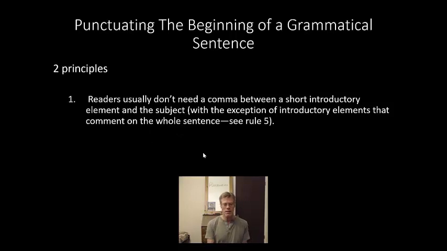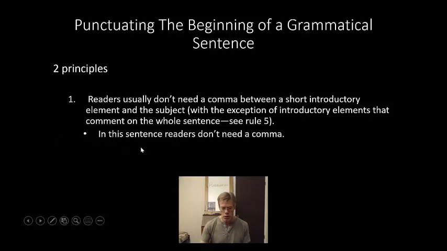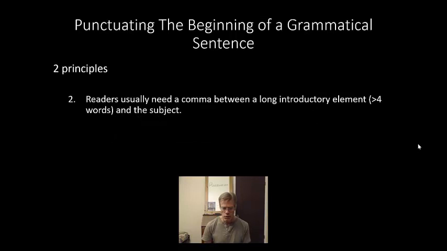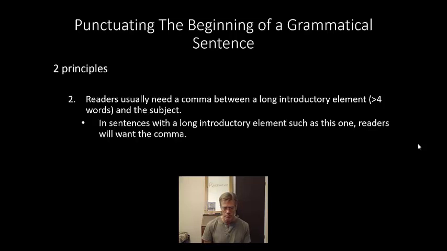So let's give some examples. Readers usually don't need a comma between a short introductory element and the subject. In this sentence, readers don't need a comma. You could put a comma right here after "sentence," but readers probably don't need it. Readers usually need a comma between a long introductory element and the subject.